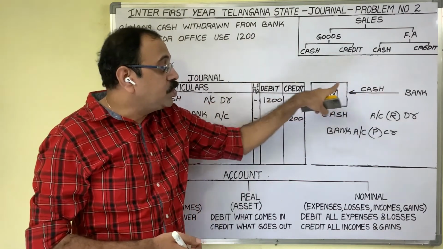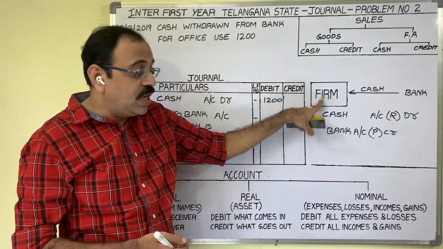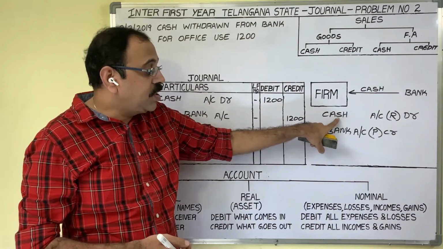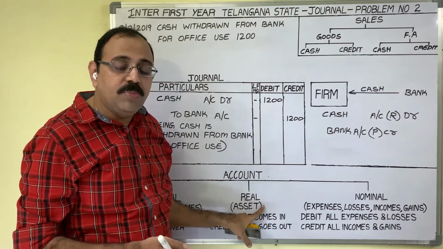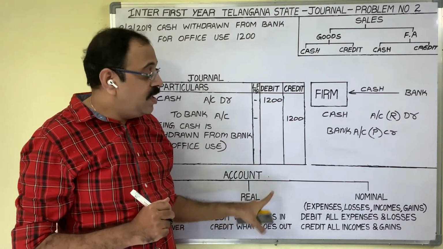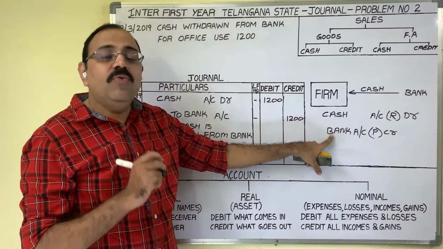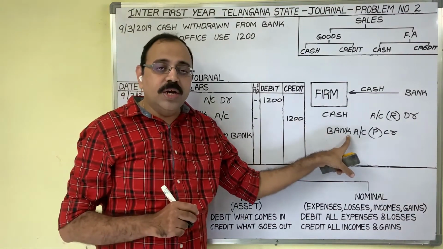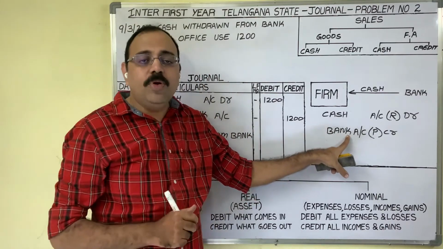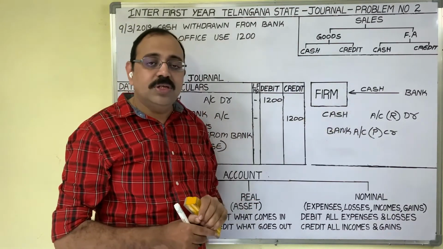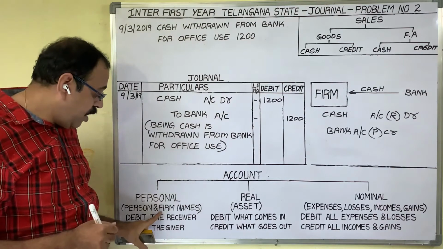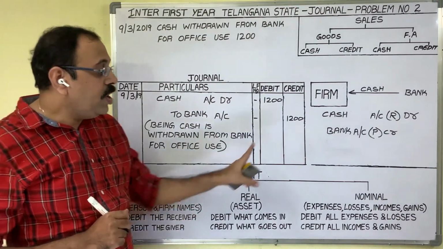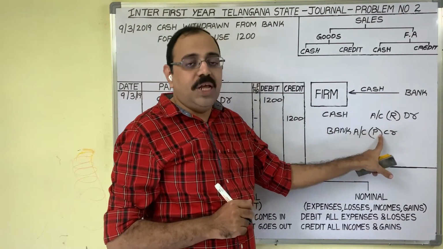Cash is coming into the firm. Two accounts are cash account and bank account. Cash account is a real account because cash is an asset. Bank account: when you work in any organization, instead of writing the bank word, we write one bank name, no? SBI account. With one firm name, if you open any account, it is a personal account. Therefore, bank account is a personal account.